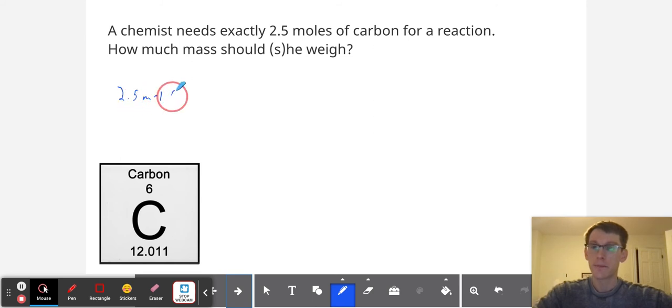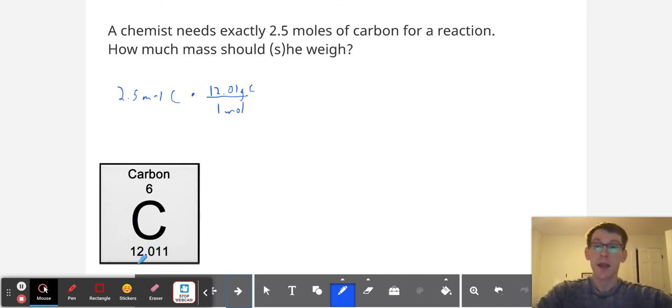of carbon. And what we'll do is we'll multiply this by a conversion factor. There will be 12.01 grams of carbon for every 1 mole of carbon. And that 12.01 I took straight from the symbol in the periodic table.